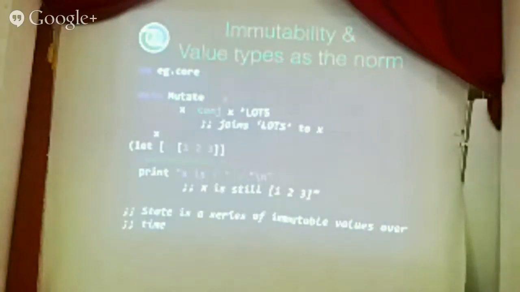So, the selling points of Clojure then, emphasis on immutability. This bit of code doesn't really show you much except for the fact there is no way to change the value of a variable, and indeed there aren't really variables.